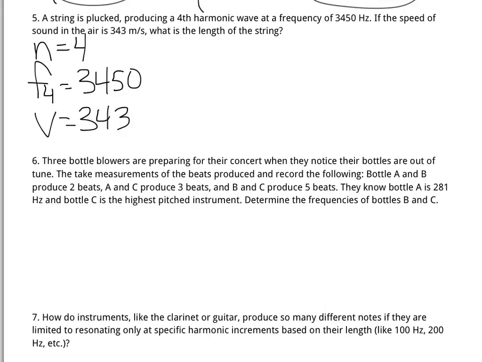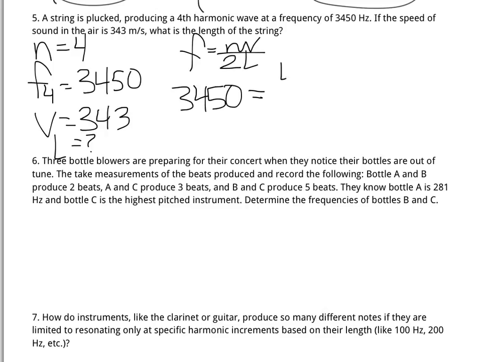We're asked to find length. So this is a frequency equals nv over 2L type of calculation, where we know that the fourth harmonic is 3450, the n is 4, the velocity is 343, and we're solving for length here.